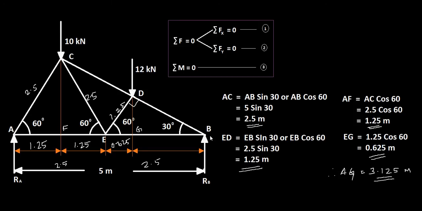And also you have RB acting at 5 meters from A in the upward direction, therefore creating a counterclockwise moment and a positive moment.